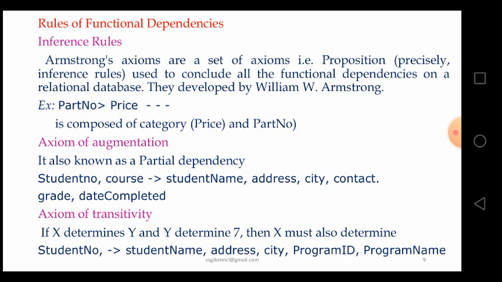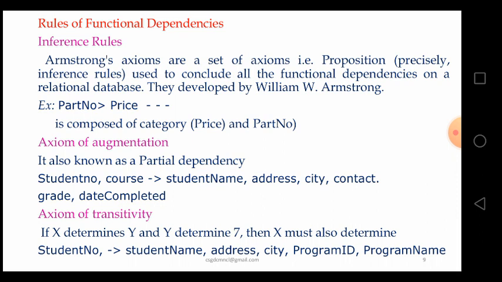Partial dependencies: project number to project name, employee number to employee name, department number, hours worked. These are the partial dependencies. Transitive dependency is department number to department name. These are the rules of functional dependencies.